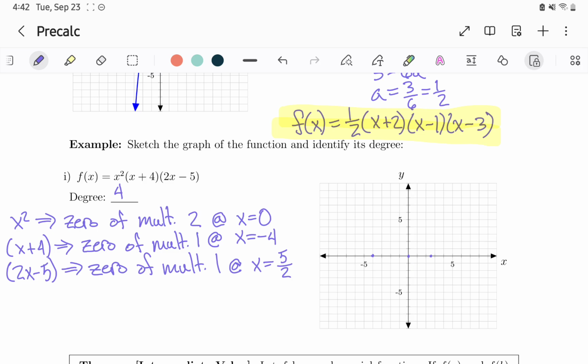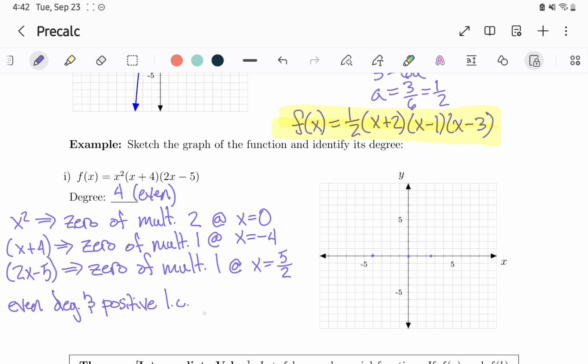So the degree is 4, so it's an even degree polynomial function with a positive leading coefficient. So that means, so let's say even degree and positive leading coefficient.